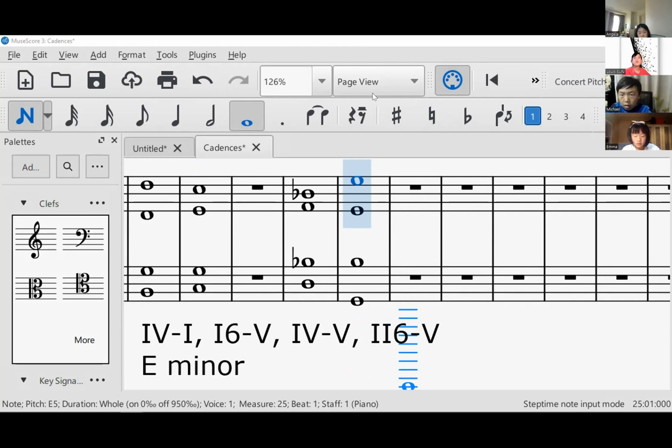And why won't this thing open? Give me some time. My whiteboard is being annoying. Come on, open.